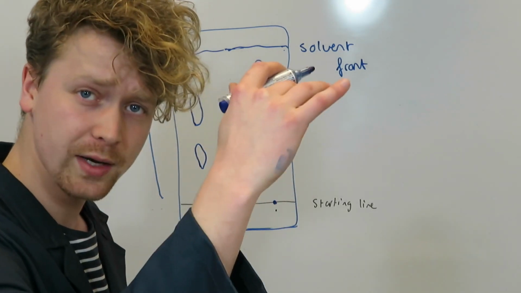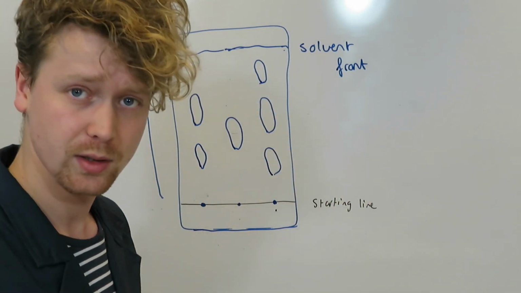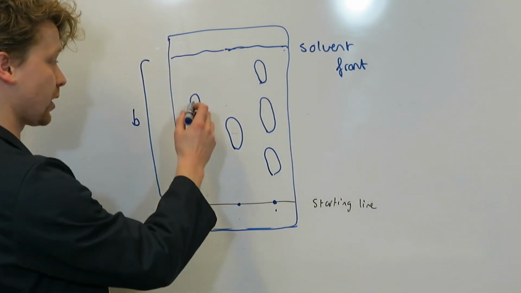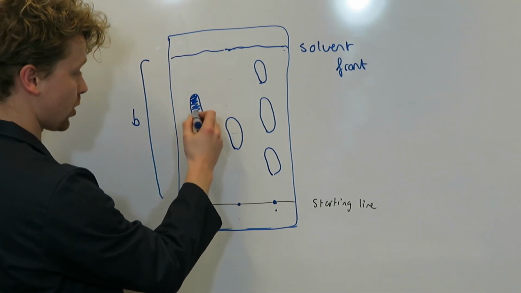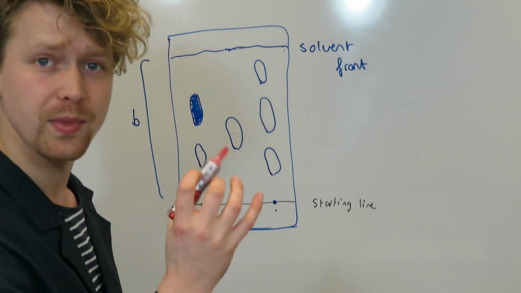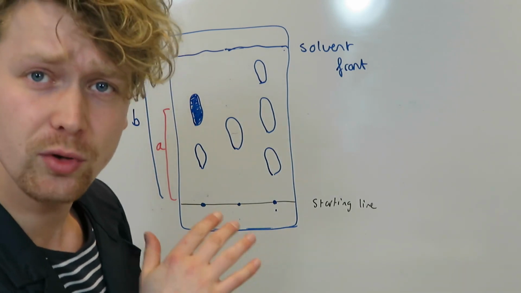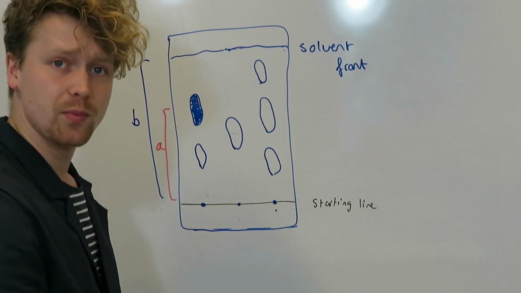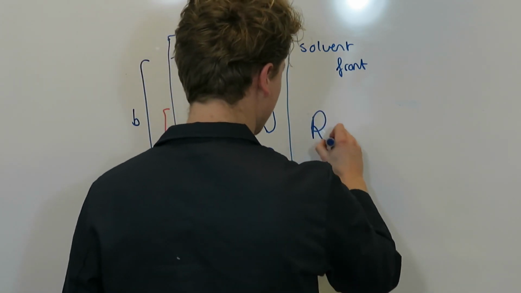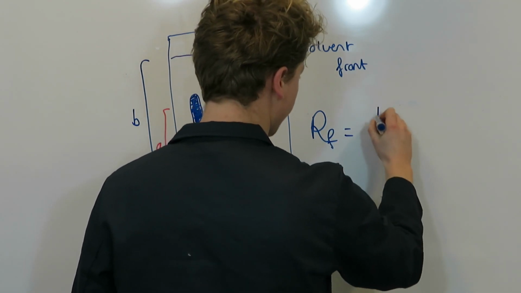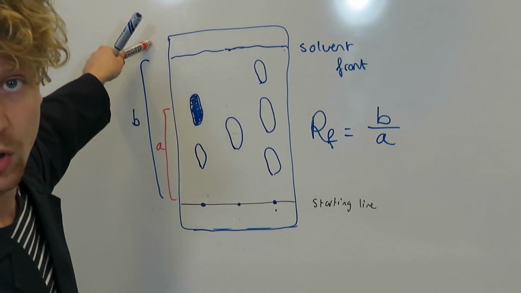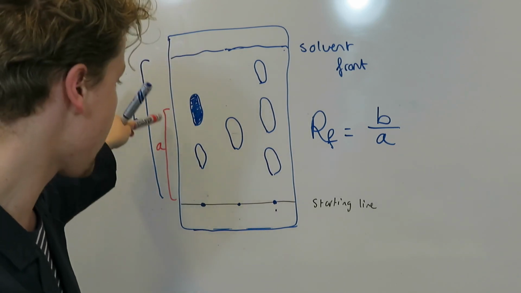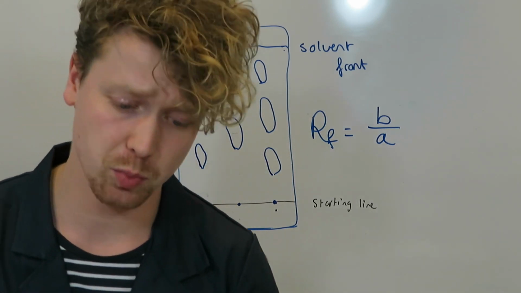So this is how high the solvent has eventually gotten. Then if I want to calculate the RF value, let's say for this one, I should pick the distance to the center of the spot. Then I can calculate my RF value by dividing the distance to the center of the spot by the distance to the solvent front.